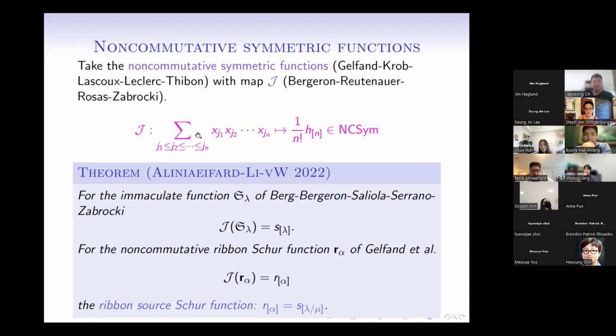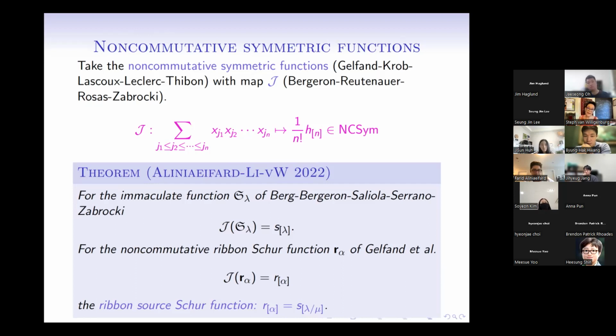Then your map sends this thing to 1 over n factorial multiplied by our complete homogeneous symmetric functions in non-commuting variables whose index is 1 up to n, just that block.